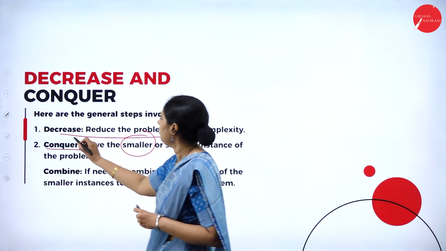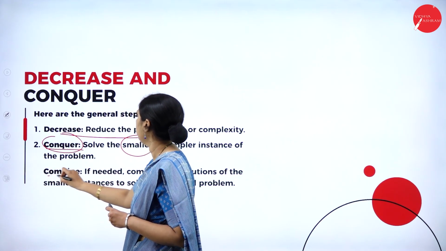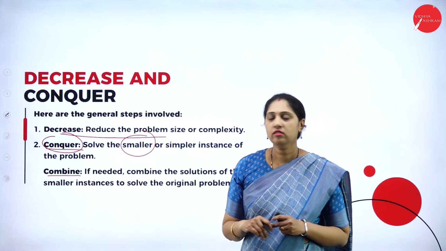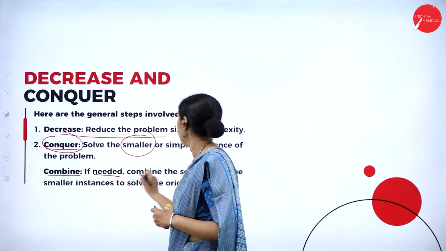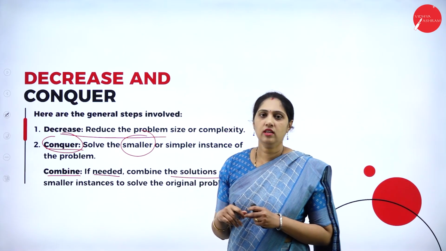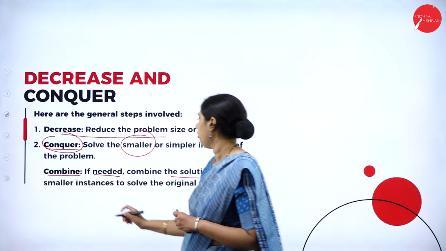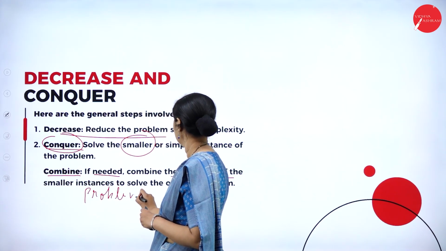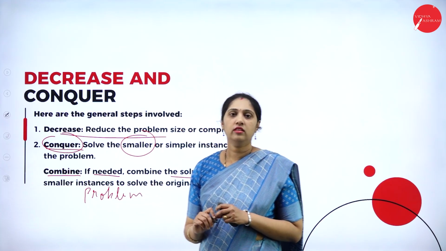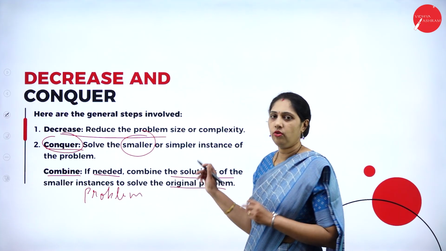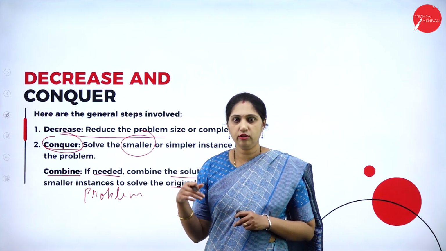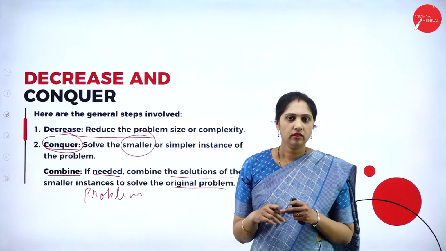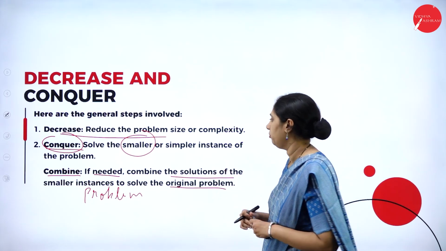After we solve, that is conquer, we combine if needed. If needed, we have to combine the solutions of the smaller instance, a smaller problem, so that we can solve the original problem. So the original problem is given, we reduce, that is we decrease, and then we conquer. Conquer is nothing but solving the problem.